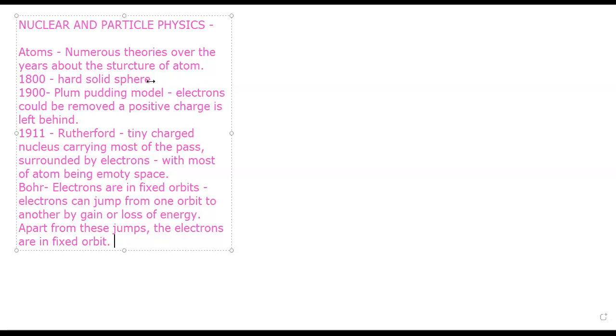But the main experiment that you have to know from your syllabus, the main experiment that gave us all the information that we are currently talking about, is known as the alpha scattering experiment. And that's what we're going to go ahead and take a look at. We'll be taking a look at the alpha scattering experiment.